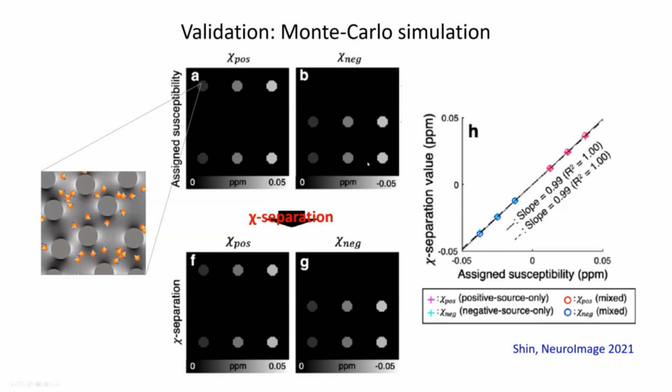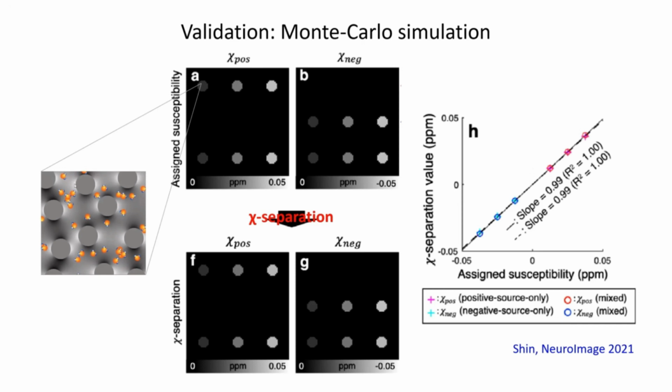We mixed them together and generated the frequency shift and R2 prime maps, from which we applied these chi separation tools to generate the 2 separated images. The results are in perfect agreement with our assignment of the susceptibility sources, demonstrating that it works in the computer simulation.